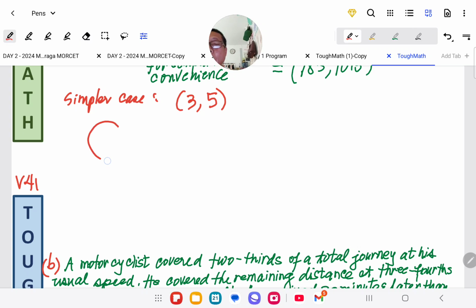So this is the 5 centimeter circumference wheel, and this is the point mark A, and this is the point mark B on the smaller wheel. So this is 5, this is 3 centimeters, and they are connected here.